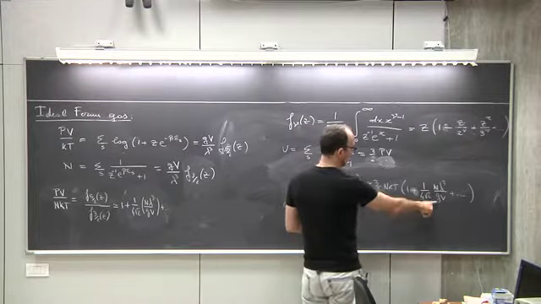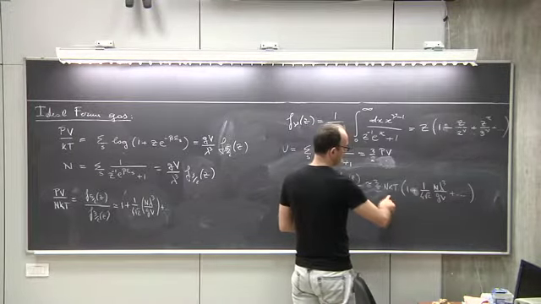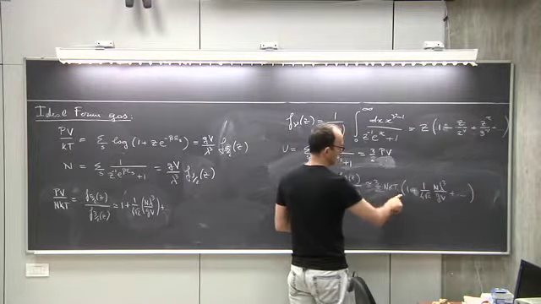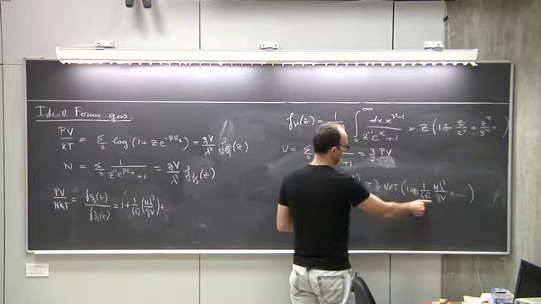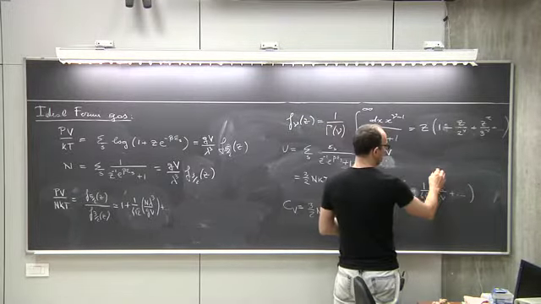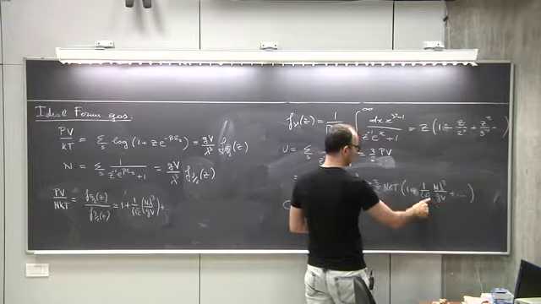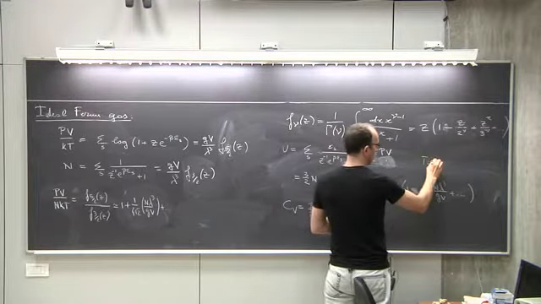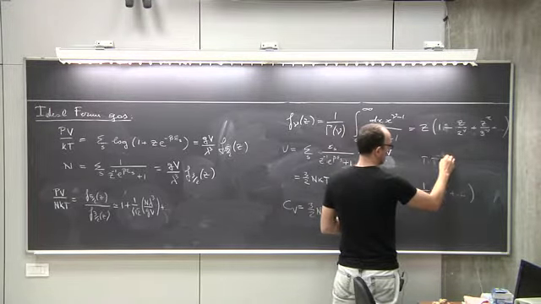So the other term I can argue very simply what it will be, because this second term will be proportional to T times T to the minus 3/2.